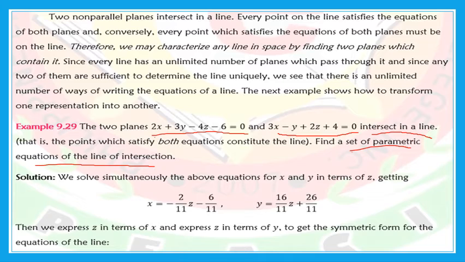So x, so magiging 2 over 11. So, solve natin to simultaneously, class. So, using the second equation of the plane, we can solve y in terms of x and z.